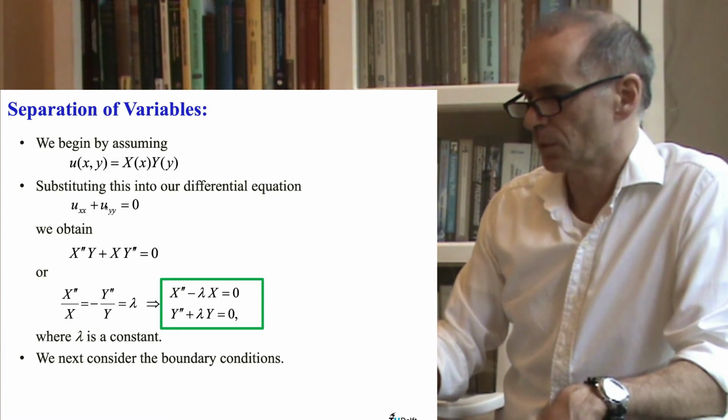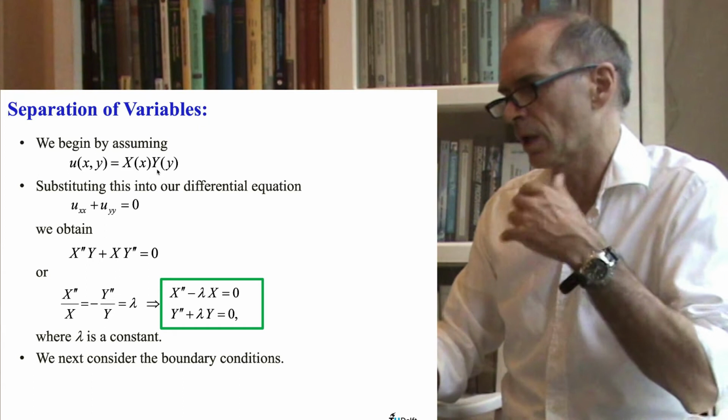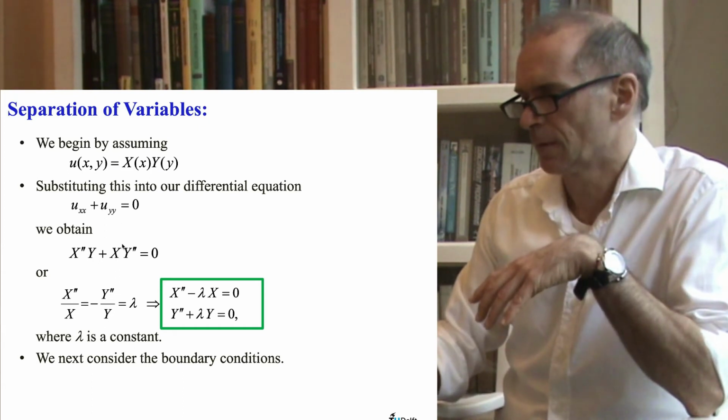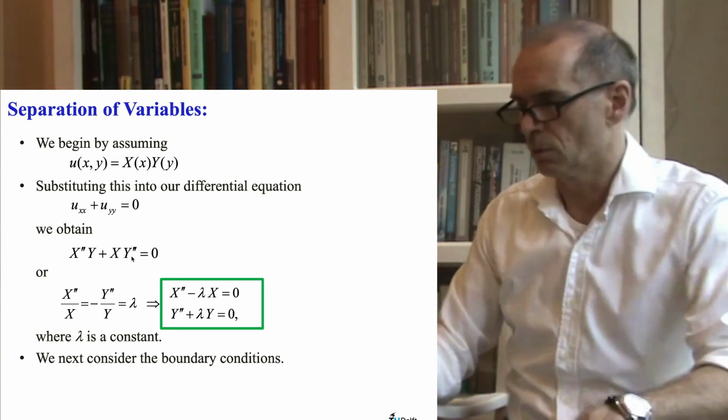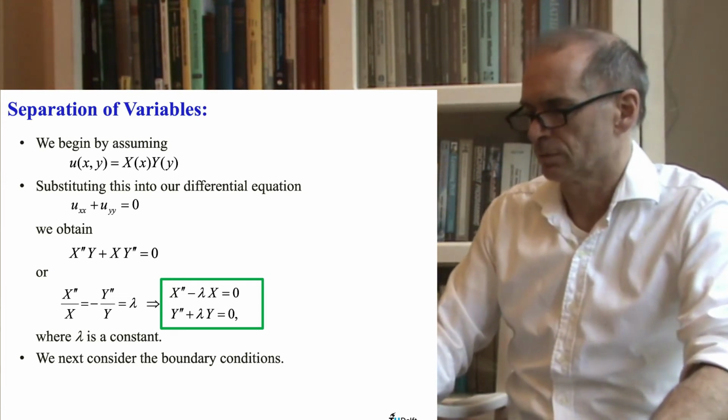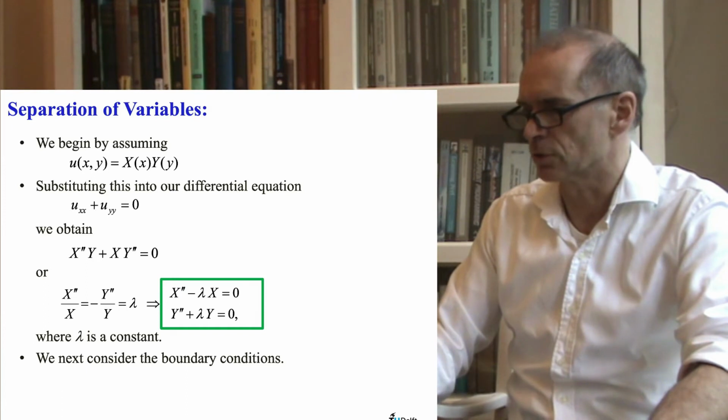And here, if we substitute X times Y here, we get the two primes for the function Y, and X of x is now to be considered a constant, so that remains as a prefactor.